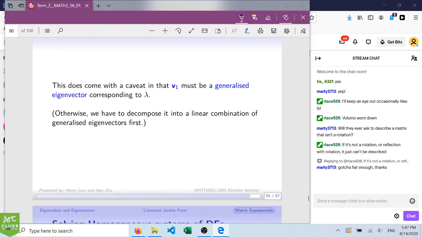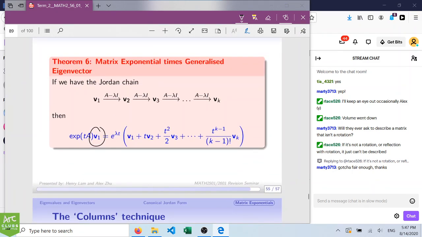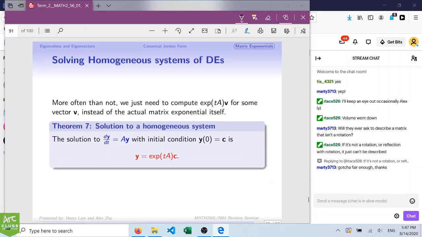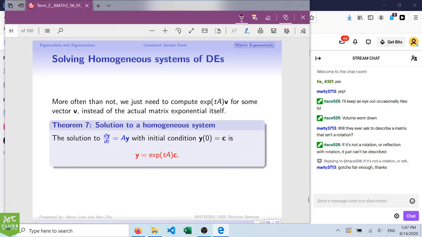It does come with a caveat: v1 must be a generalized eigenvector corresponding to lambda. If it's not, you have to decompose it into a linear combination of generalized eigenvectors first, and then use those as the basis to set up your Jordan chain. So it all ties together. For the matrix exponential, you use the generalized eigenvectors, which provide the Jordan chain, which provides the expansion of the exponential of tA.